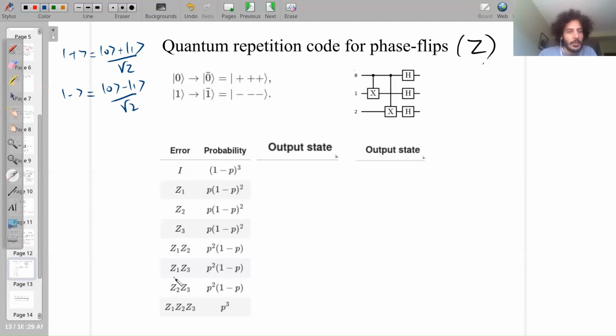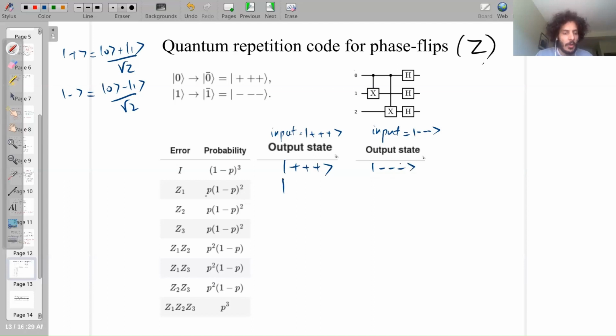These are the kind of errors that you have. Again, the idea is that if the input is 0, you will continue to get plus plus plus, or if the input is 1, you will continue to get minus minus minus.